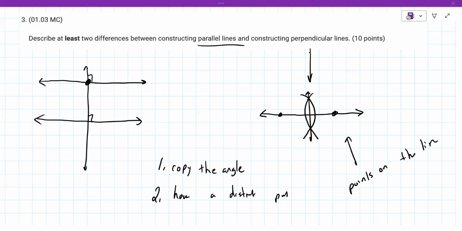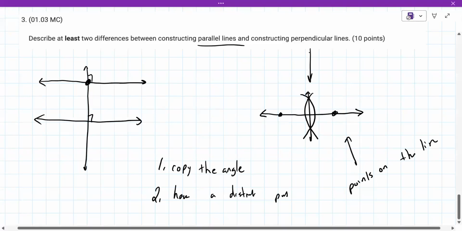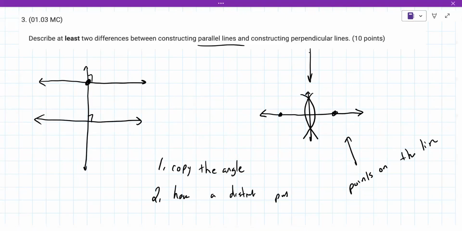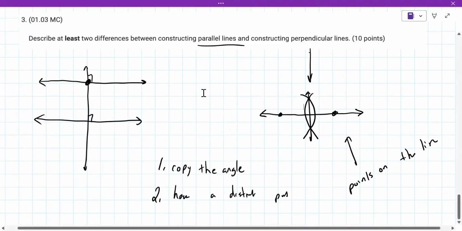So I guess you could argue that. So the main difference is the angle.